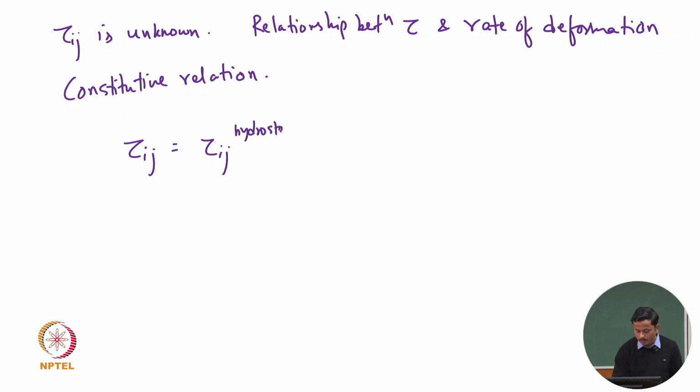Then we'll find out the constitutive relationship for a Newtonian fluid. So tau ij, generically, can always be divided into a hydrostatic part and a deviatoric part. The hydrostatic part exists even when there is no fluid motion, whereas the deviatoric part exists when there is fluid motion.